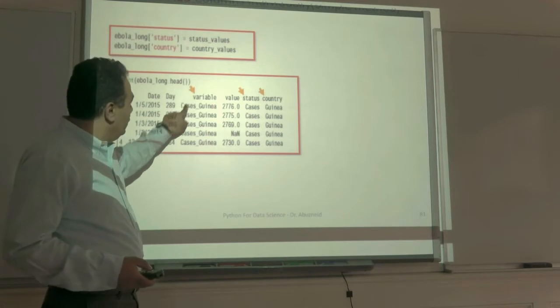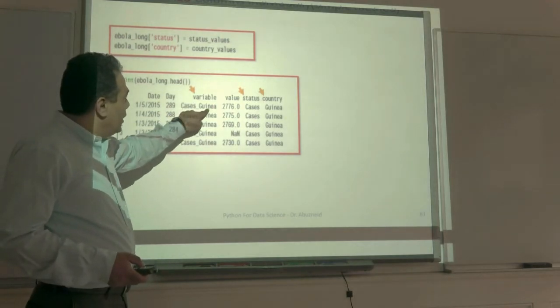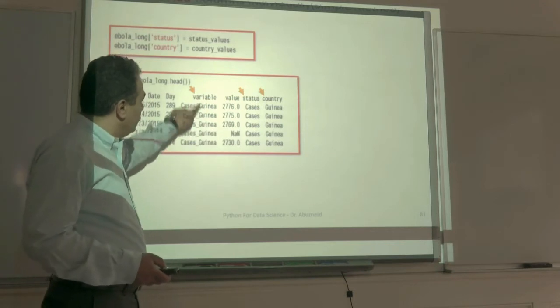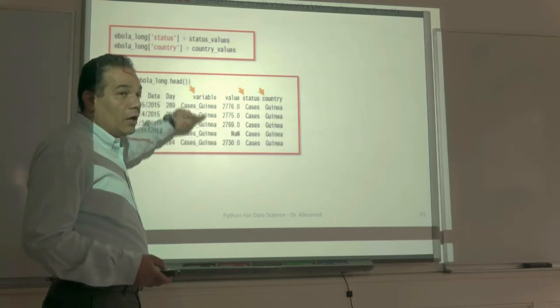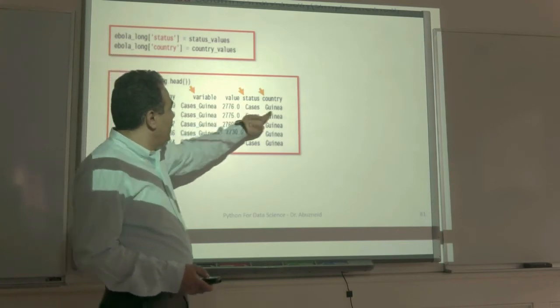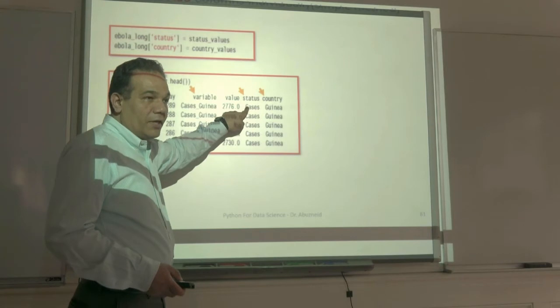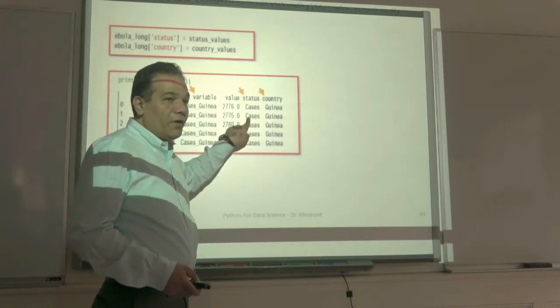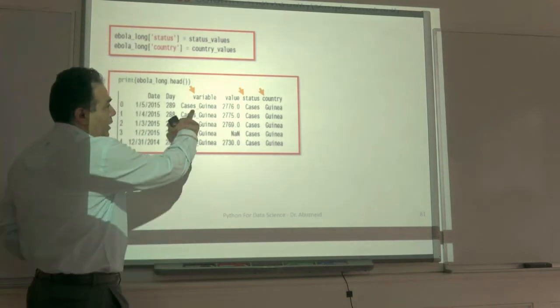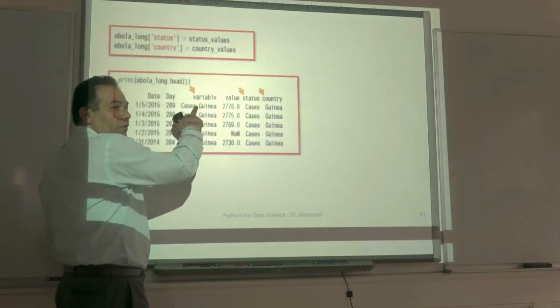This is the variable, cases_Guinea, and the value. What I did, I divided this variable into two columns: cases and the name of the country. By using the underscore between them.